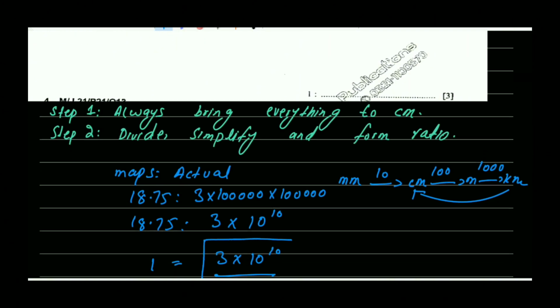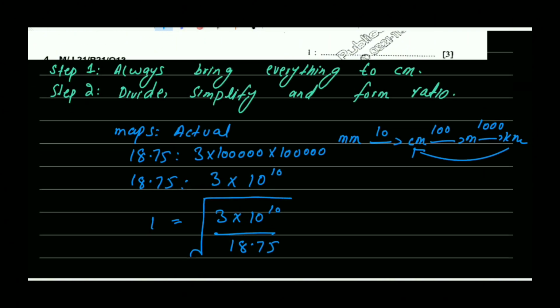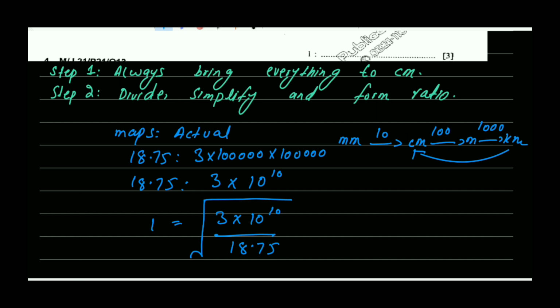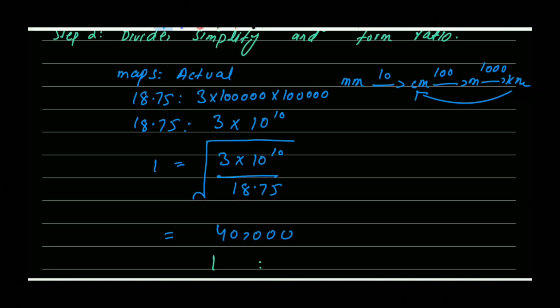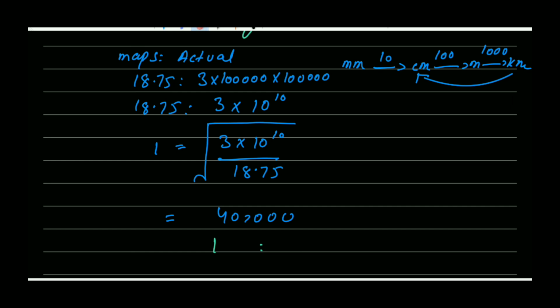Our actual scale will be in centimeter, not in centimeter square. So for converting centimeter square into centimeter, we will take square root here. So our final answer will be 40,000.